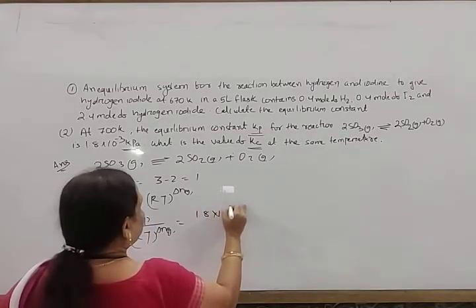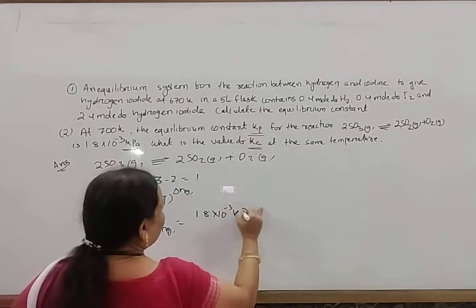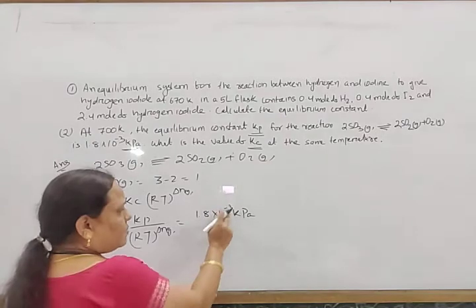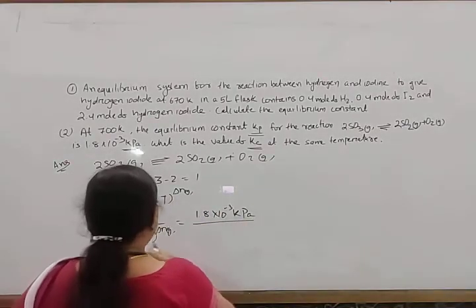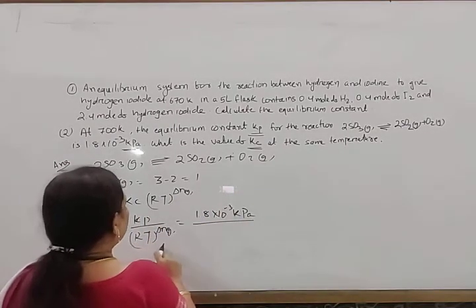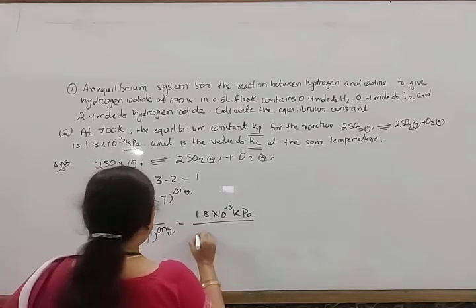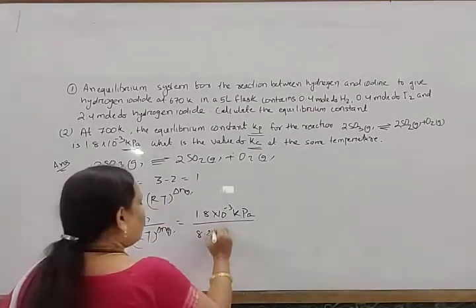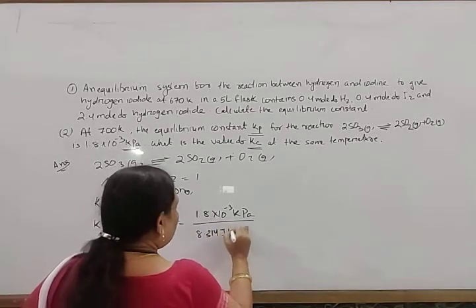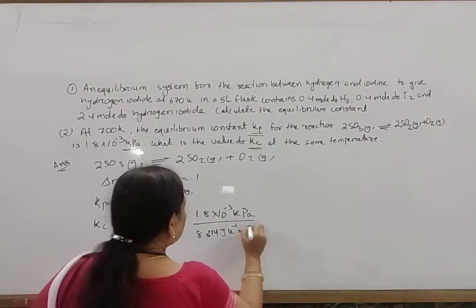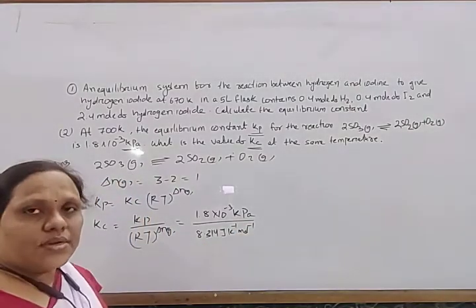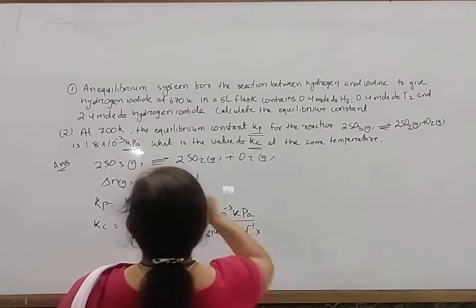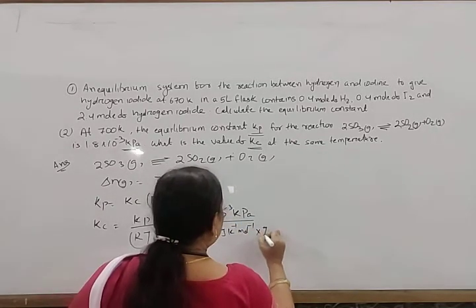Kp is 1.8 times 10 to the power minus 3 kilopascal, divided by R into T. Suppose I am substituting the value of R as 8.314 joule Kelvin inverse mole inverse, and T is given, that is 700 Kelvin.